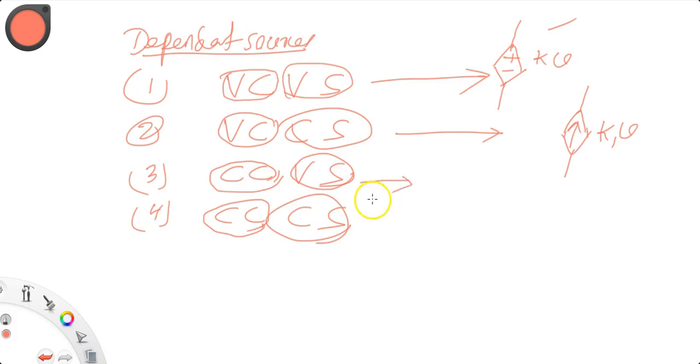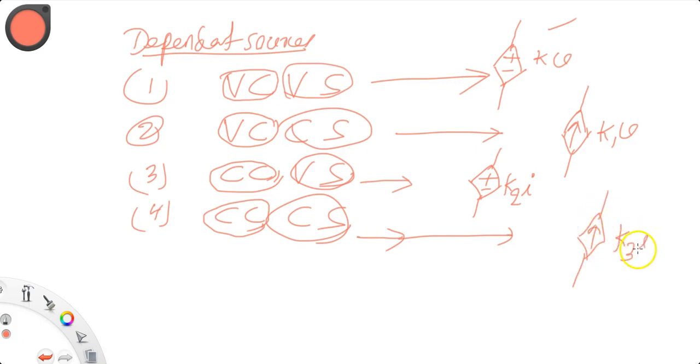Then another one is the current controlled voltage source. The source is a voltage, controlled by the current through another element. And this one is your current controlled current source. This is the current source, and it is controlled by the current through an element. So K, K1, K2, K3 are constants.